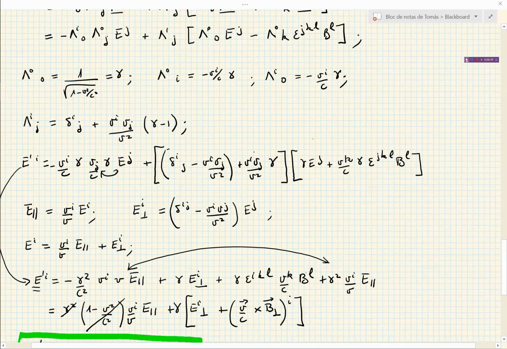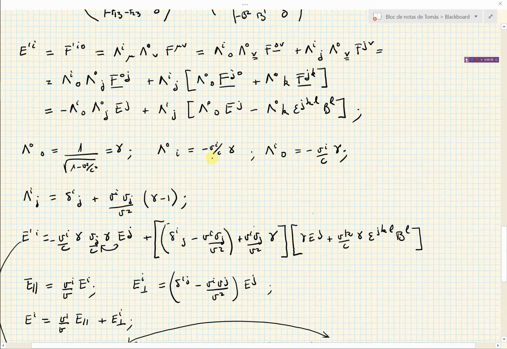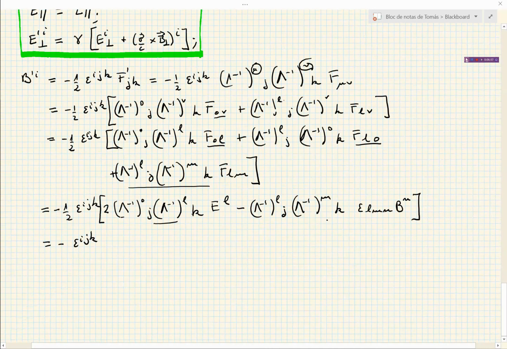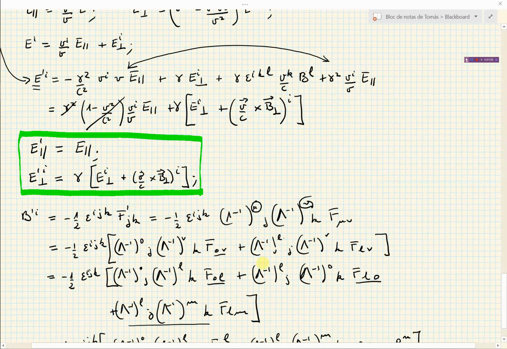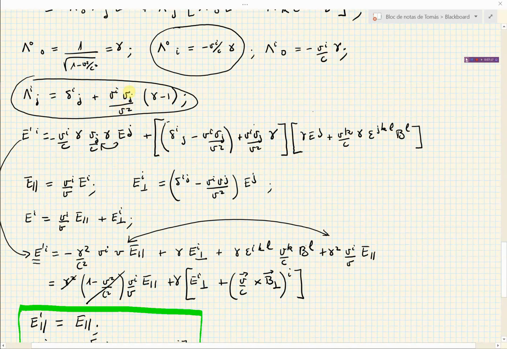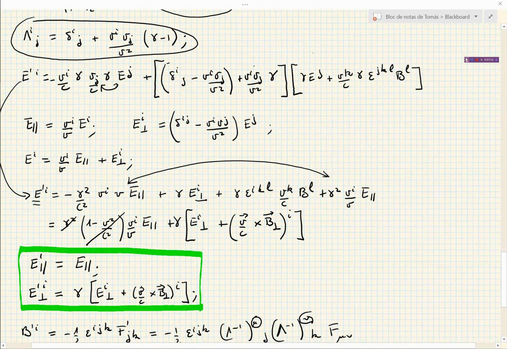So I search in lambda 0 j, and it is here. So now I reverse the sign, so it is plus v j divided by c times gamma. Lambda minus 1 Lk is here, and it just takes the same form if I change it, because this is even under v going to minus v.